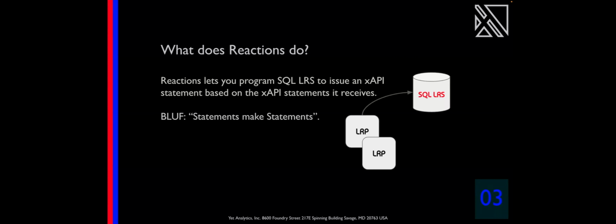Say we have another learning record provider that is sending statements to SQL LRS. SQL LRS has Reactions inside it, and SQL LRS uses the xAPI statements that came into it to generate a reaction. And then that reaction, that new statement, lives within SQL LRS. So statements make statements.